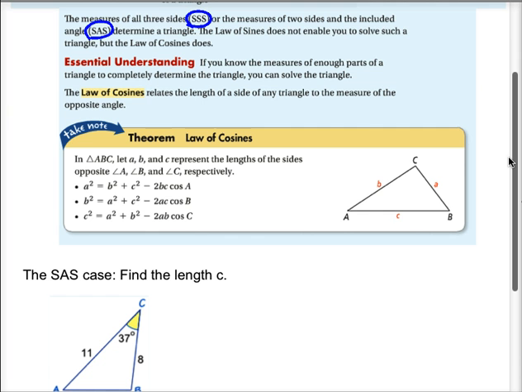Now, when I say law of cosines, what am I talking about? Well, it presents itself in three ways. However, the most common one to see is this. They're all essentially the same, okay? What it's saying is this side length here, c squared equals, well, that one has to be paired with the angle that you're using, okay?